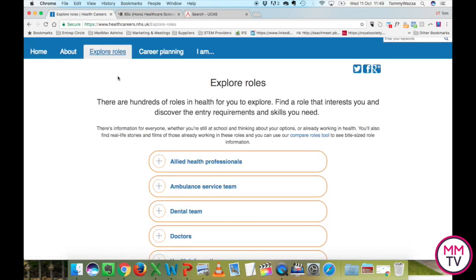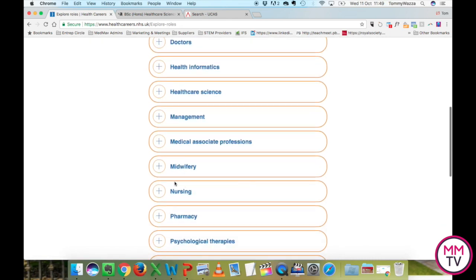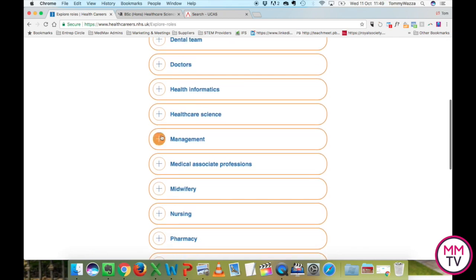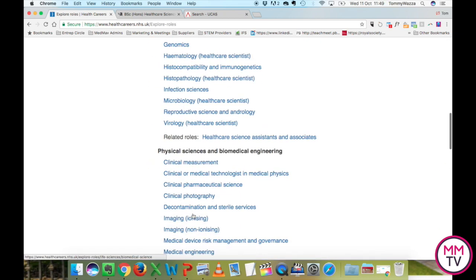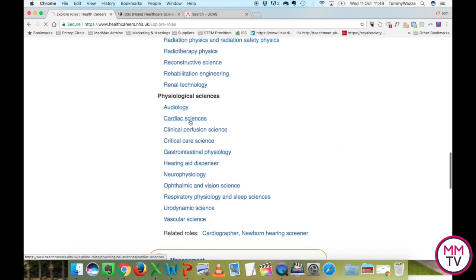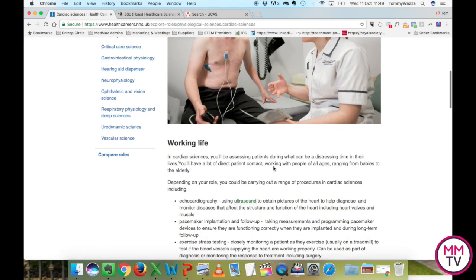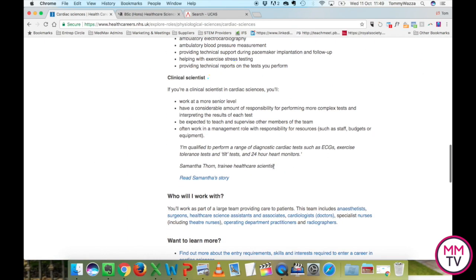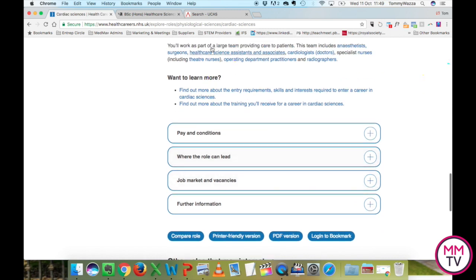We're trying to start with the end in mind, so we're trying to find a career and explore roles, okay? We went into one of these sections, let's go to healthcare science again. We clicked on cardiac sciences, for example, okay? We go all the way down to the bottom of the page. It's pretty much the same format for every career, and it tells you, you know, the entry requirements and kind of different routes through, okay?